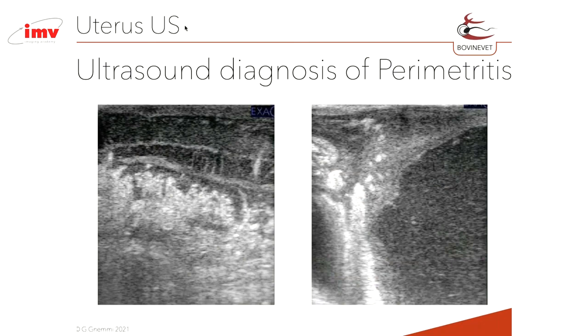Perimetritis is a pathology that happens in those farms where massage of the uterus is used. I'm not against the massage of the uterus, but I'm against this technique if it's not well done or is done by people without experience. When you do these techniques very badly, these are the results.